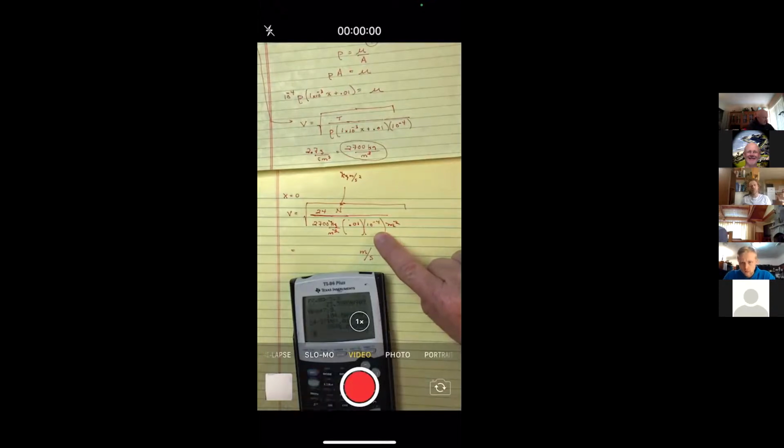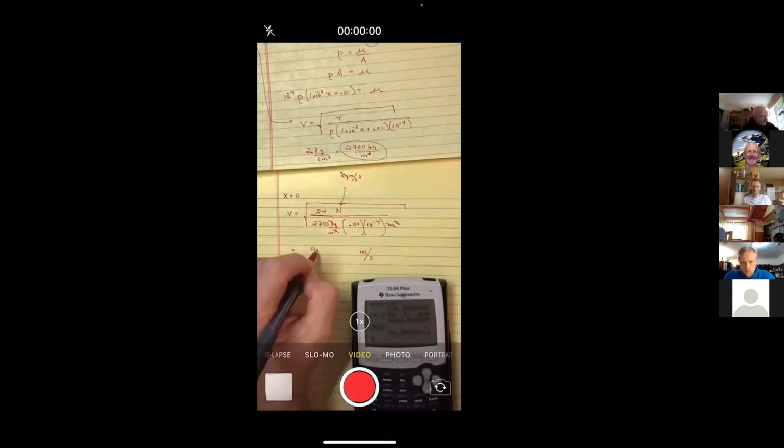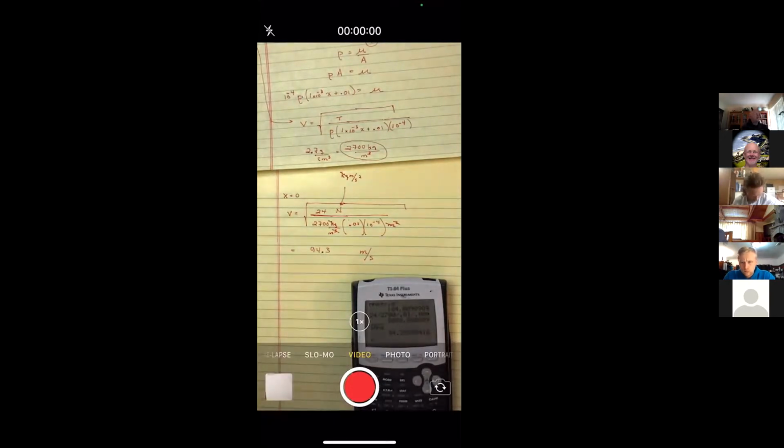And finally, mathematically, take the square roots, and 94.3 meters per second is what I get here. And jumping over to the author's solution, he got 94.3. Nice. Now, and I almost forgot, there's more to this.